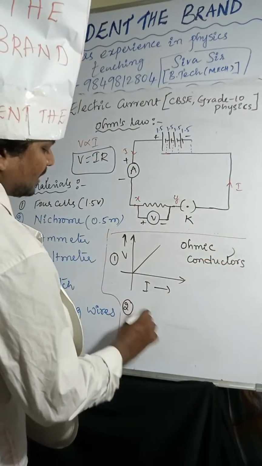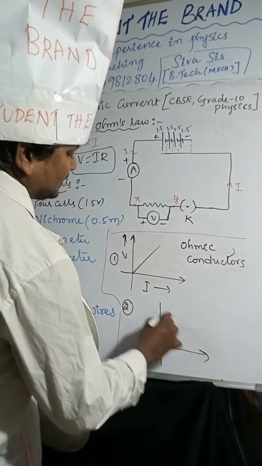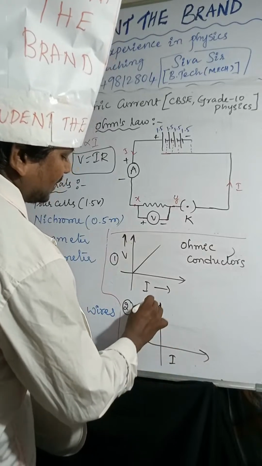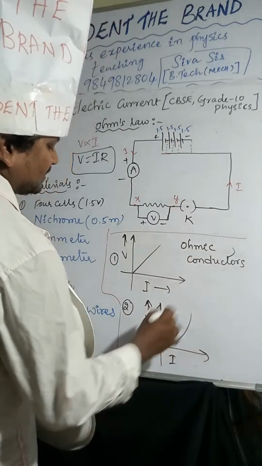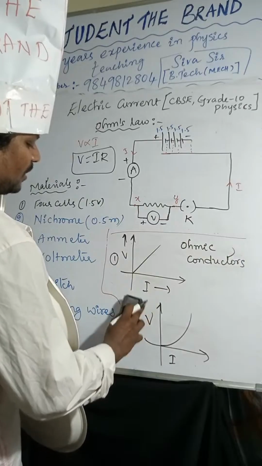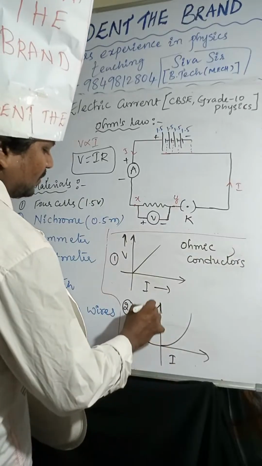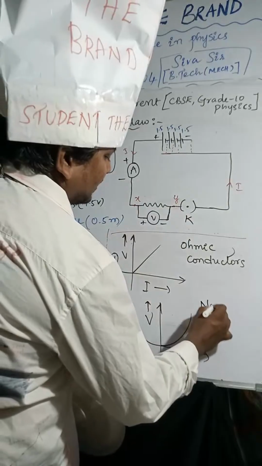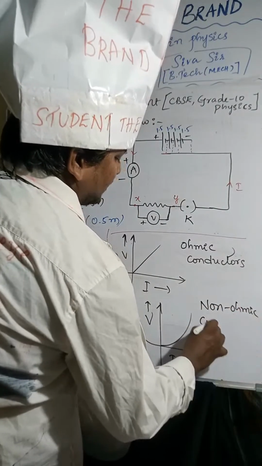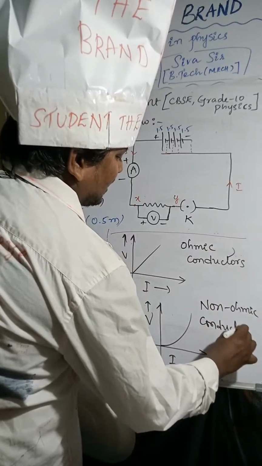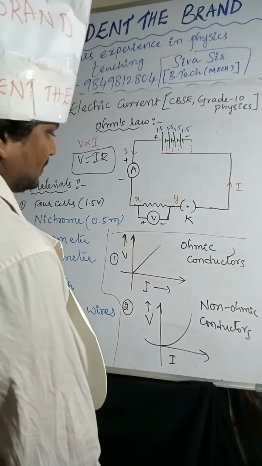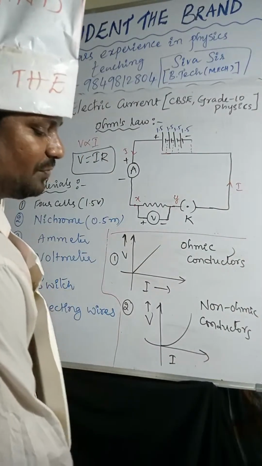Coming to the non-ohmic conductors, the V-I graph is a curve.